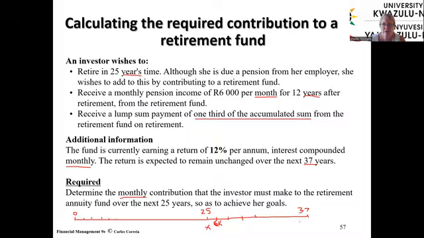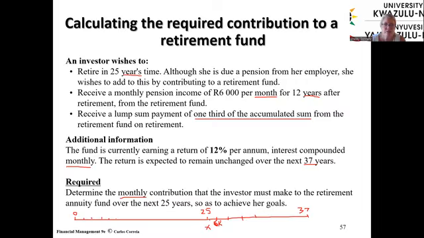There are 12 times 12, 144 of them, because she's going to be drawing it down every month for 12 years. So we can work the present value of that annuity as at this time period here. And I think you'll agree that that will represent the 2/3 that's going to be left behind.